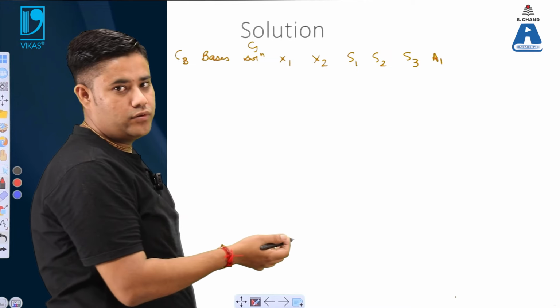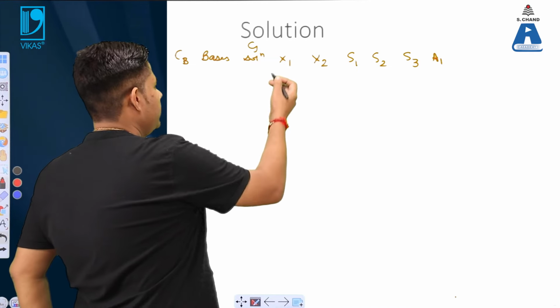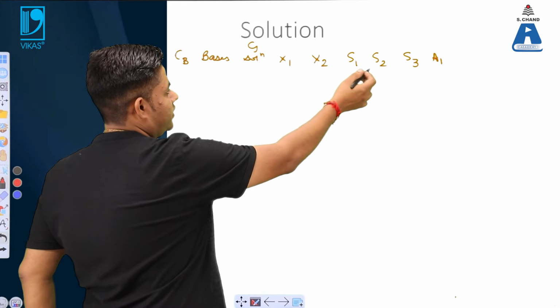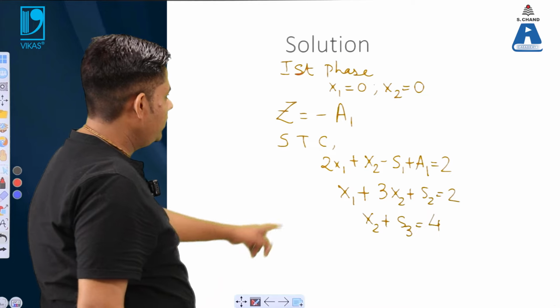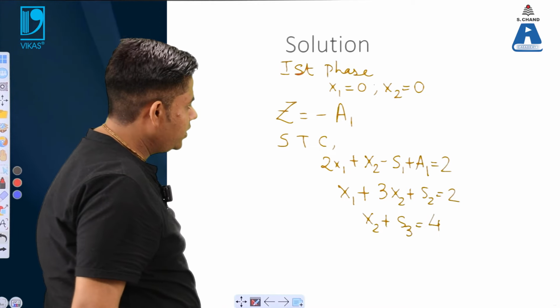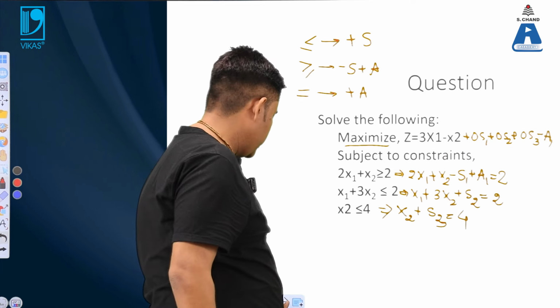Okay, so we have to use this format in order to make the table, and I have written x1, x2, s1, s2, s3 and a1 as per the general requirement which was there in the objective function. So all these numbers are there in the objective function.